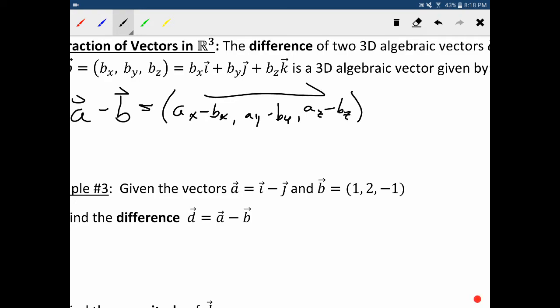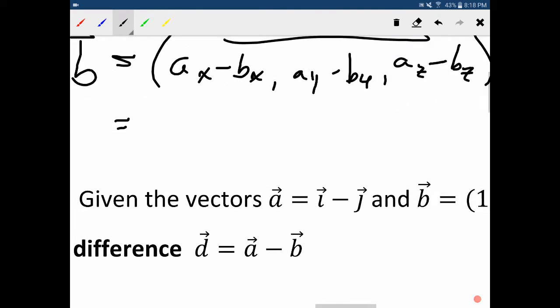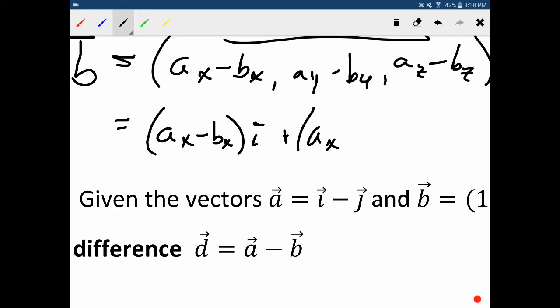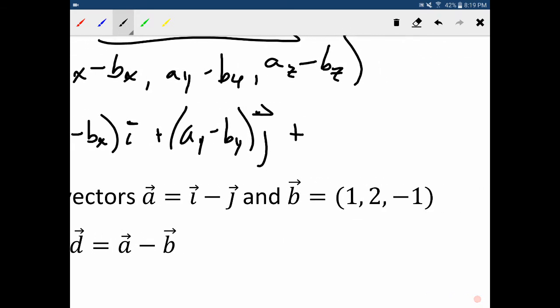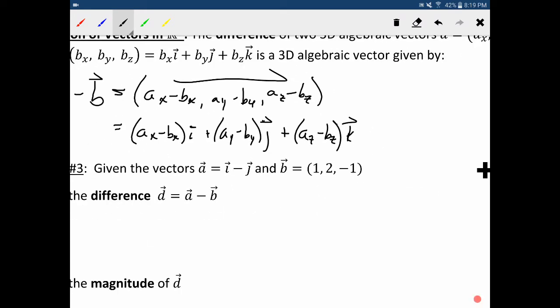Or alternatively, using unit vectors, we can say ax minus bx times i plus ay minus by times j plus az minus bz times k.